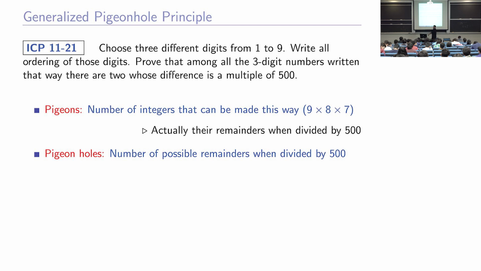There will be 2 numbers among these 9 times 8 times 7, 504 numbers, whose remainder when divided by 500 is equal. Does it make sense? That's why their difference will be a multiple of 500.